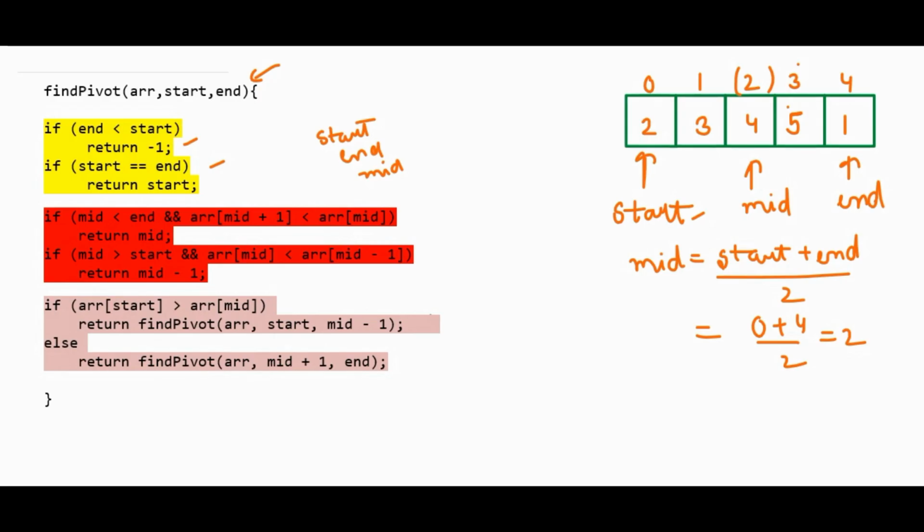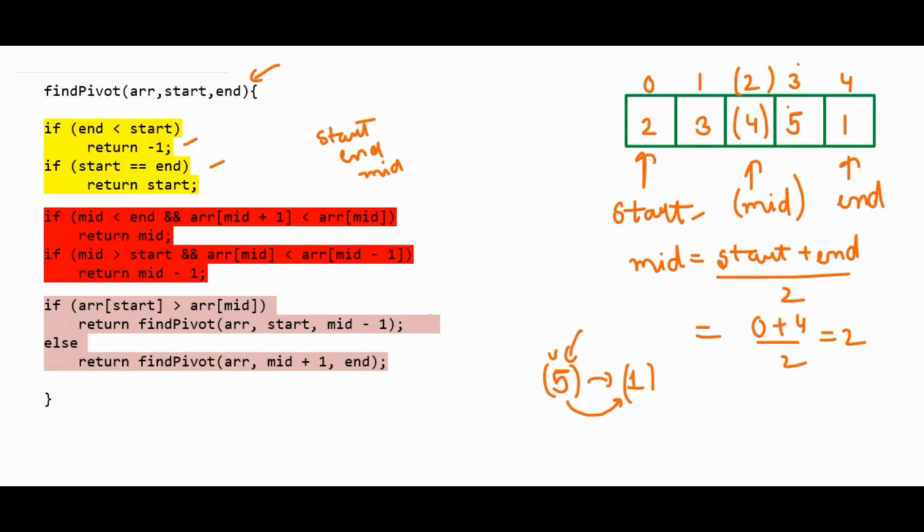So let's see where our mid pointer is pointing. It is pointing to 4, and we have to check if this element is pivot element or not. So as we have discussed before as well, as we know the pivot element is maximum element. So if array is rotated and sorted, then our maximum element should be accompanied by a smaller element, right? So our pivot element will always have on the right side the smaller element than this, right?